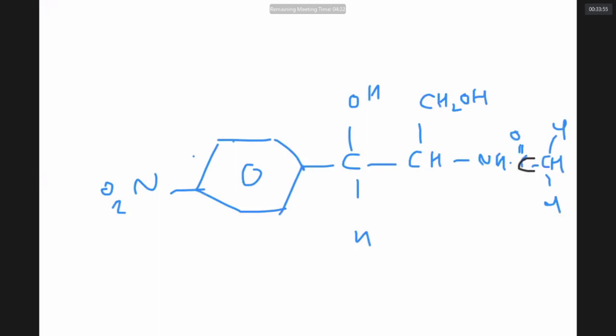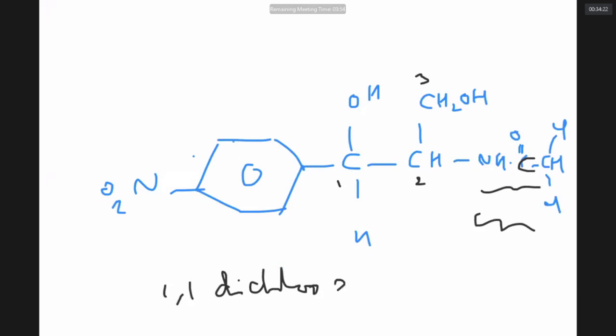If you want to know its IUPAC name, it is a propane-1,3-diol linked to an amido group, 1,1-dichloroethanamide. Amide gets high priority.